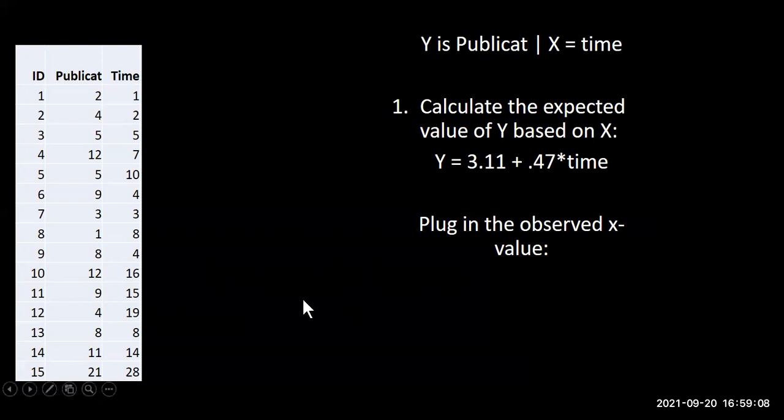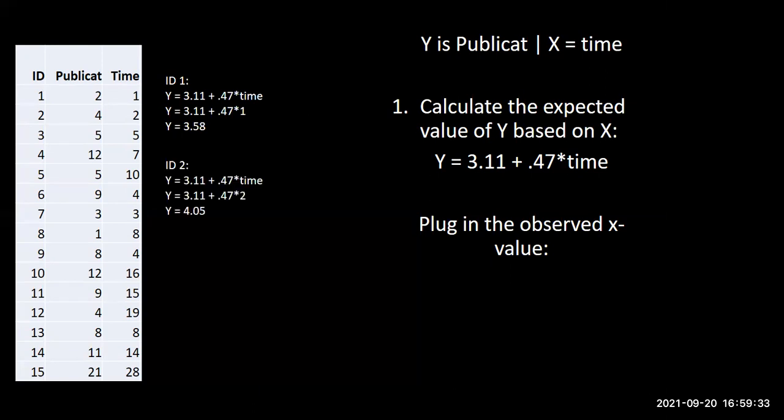So my observed x value here is 1. So I'm going to plug in this equation, 3.11 plus 0.47 times 1, and get an expected y score for this person. And when I do that, I get 3.58.